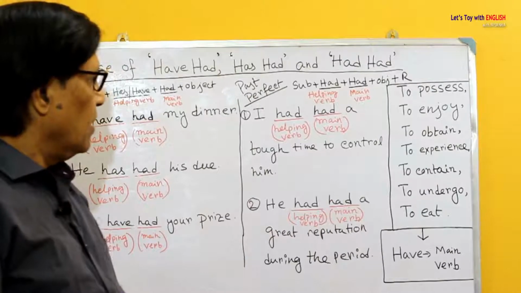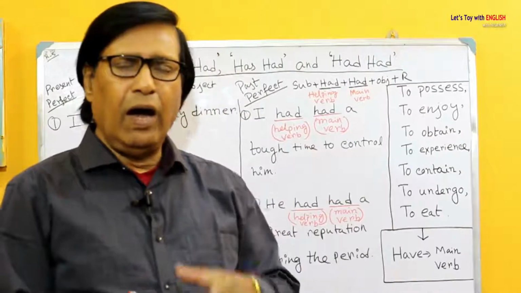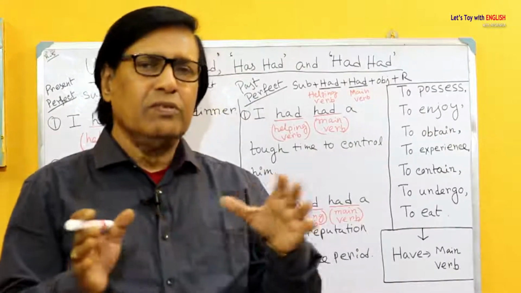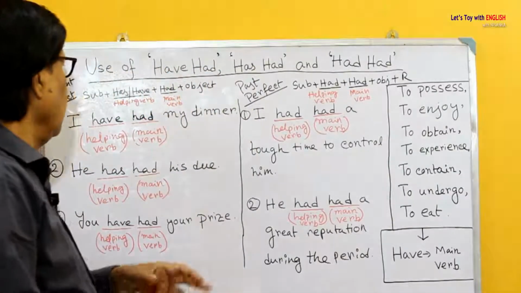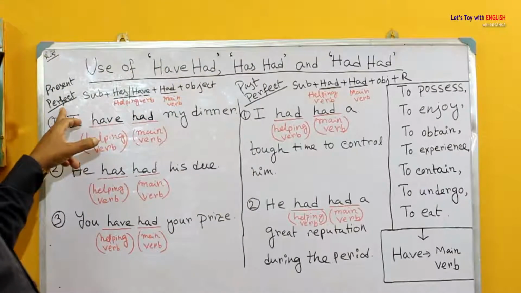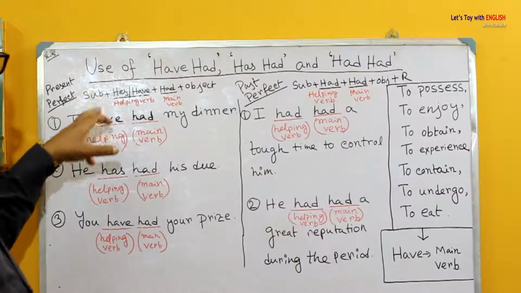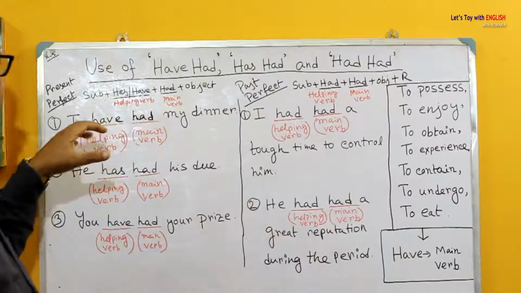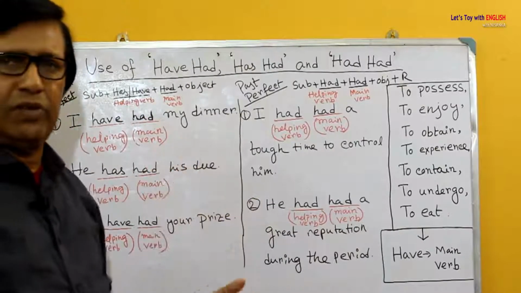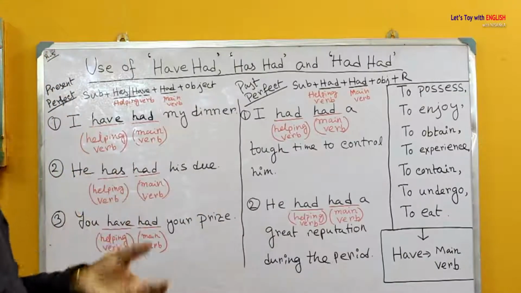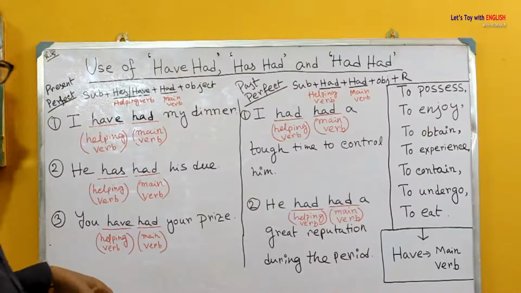Now, let us come to the formation. You see how this sentence should be formed. First of all, this is the example of present perfect tense. This have, has and had is never used in indefinite tense, be it present, past or future. I think this is clear to you. These are all in perfect tense, and the first examples are in present perfect tense.